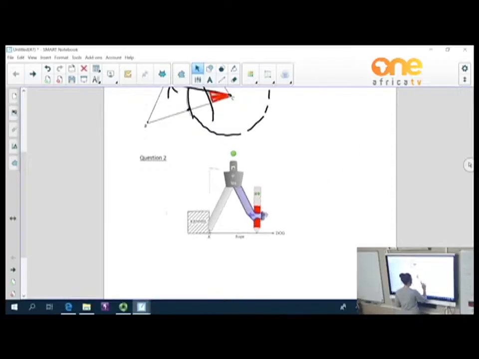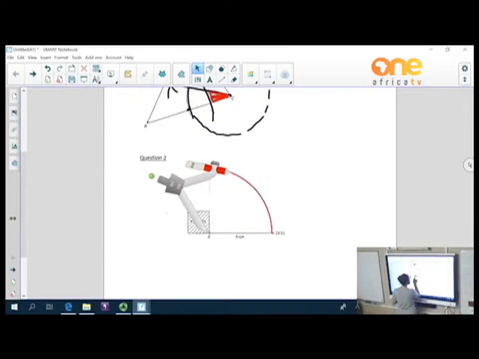You will have your measuring out of how far your dog can move, which in this case will be that path.